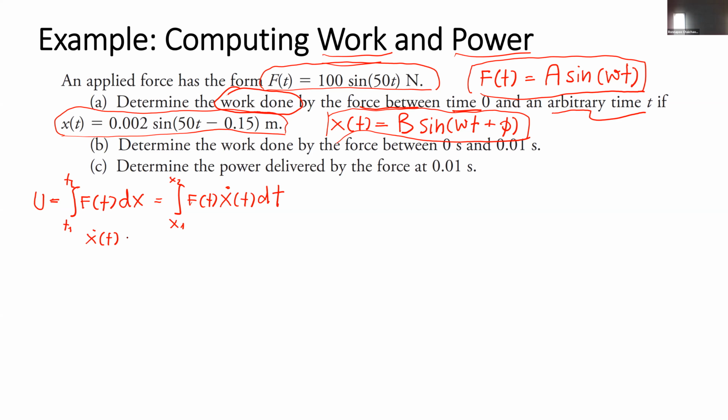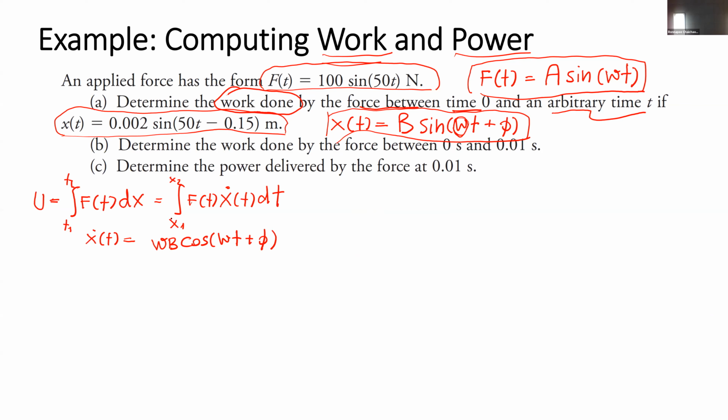If x(t) is equal to b sine(omega t plus the phase angle phi), the x dot should be b cosine(omega t plus phase phi), and by the differentiation of omega t by dt, we have one more omega here.